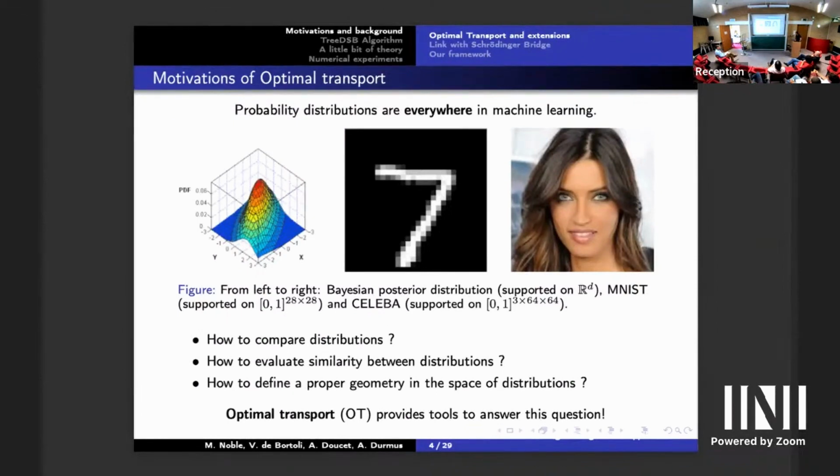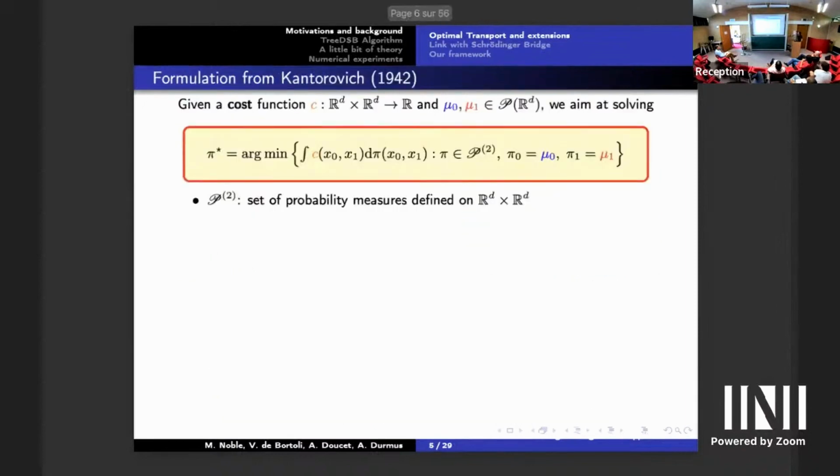So optimal transport is a field which has gained recent interest, but there are techniques which date back to the 50s, the first techniques, and it's a very powerful tool to compute such things as comparison between distributions. So the idea is the following.